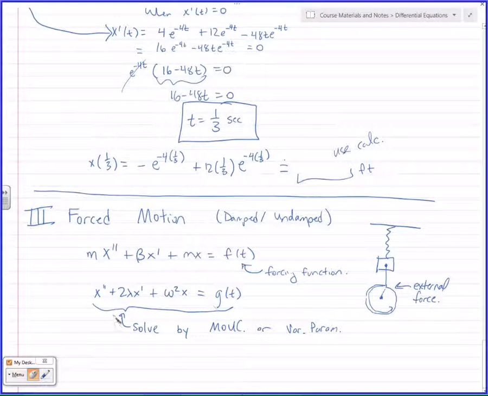So for the homogeneous case, y sub h, use the same three cases as above. Then find y sub p.